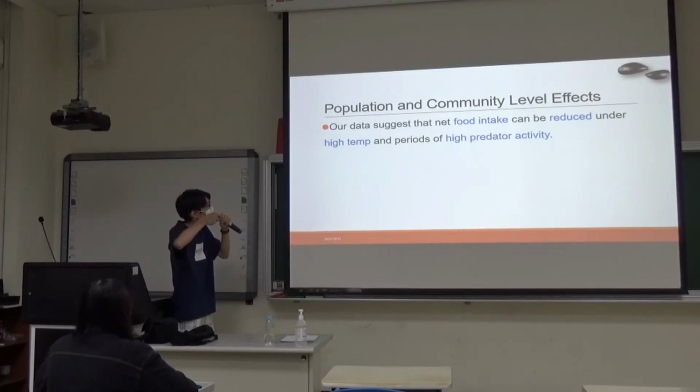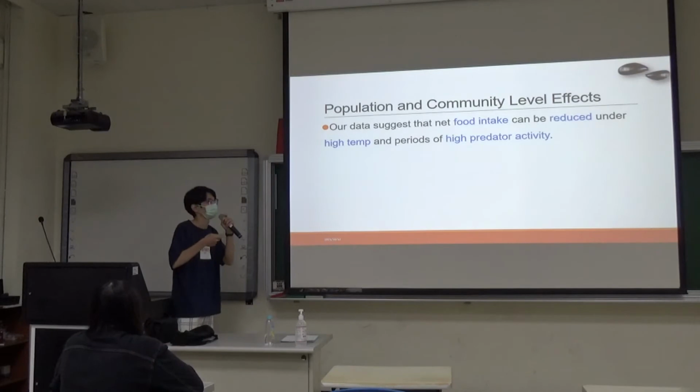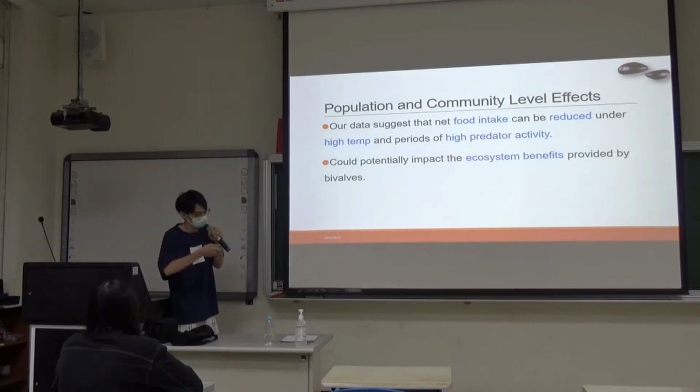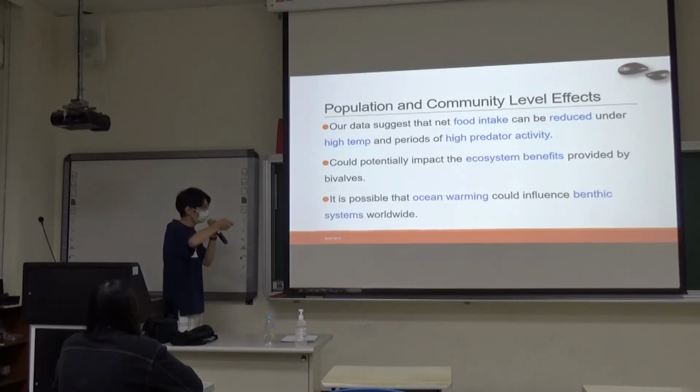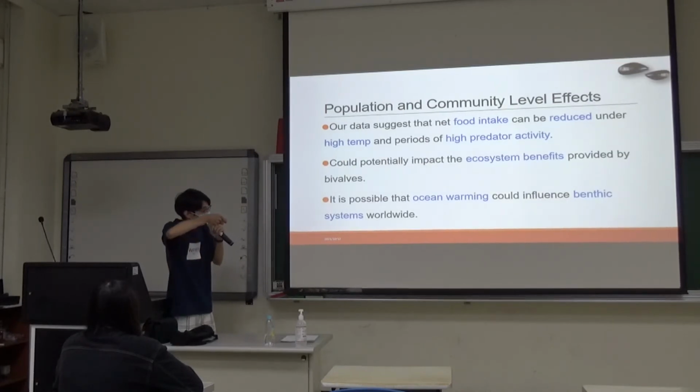Our data suggest high temperature and high predator activity will reduce the food intake of the bivalves, and so also influence ecosystem benefits. So we concluded that it is possible that ocean warming will influence the benthic system worldwide.